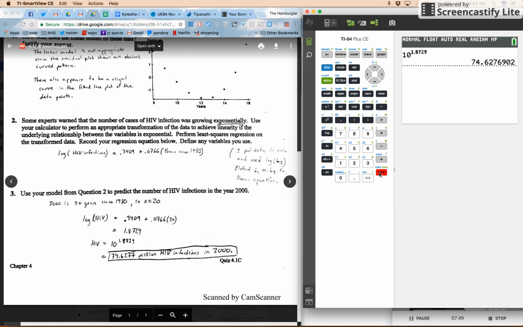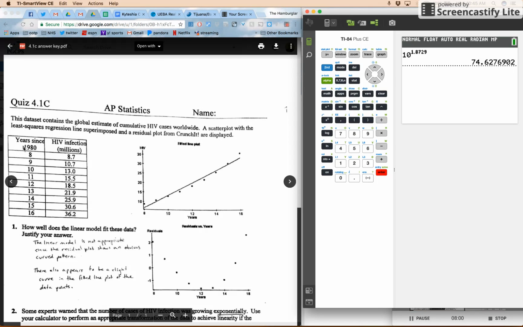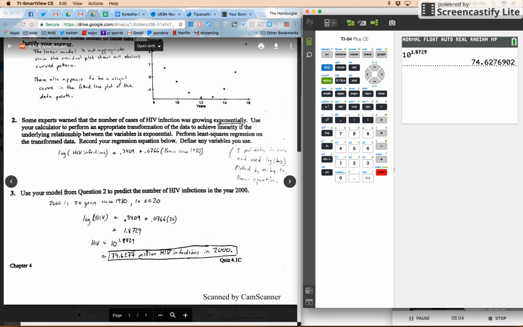Gives us 74.6. So our final answer is that we estimate that there's going to be about 74.6277 million HIV infections in 2000. And make sure you include the million on there because the units are in millions of infections. And that's the whole quiz.